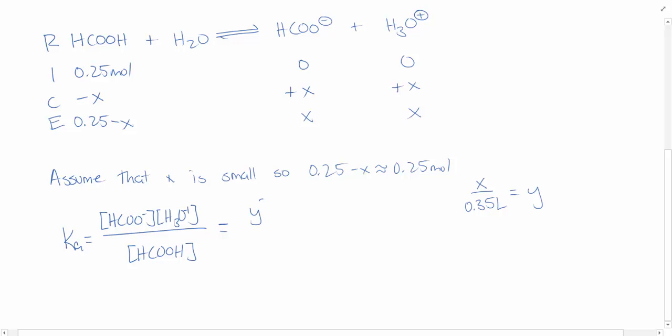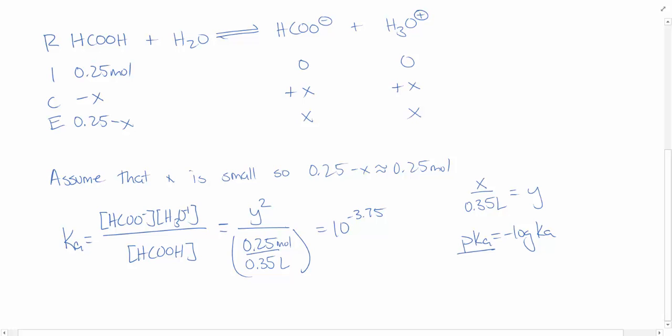So here we just have Y squared over 0.25 over 0.35 liters. So this is moles, that many liters. Our Ka is also just equal to 10 to the power of negative 3.75, which is using the conversion that pKa equals negative log of Ka, and the pKa of 3.75 was given to us in the initial question.